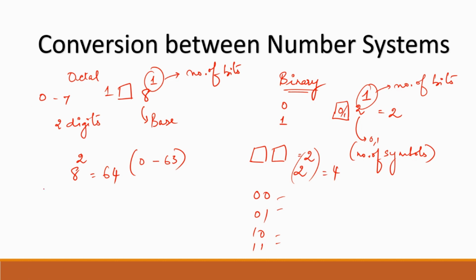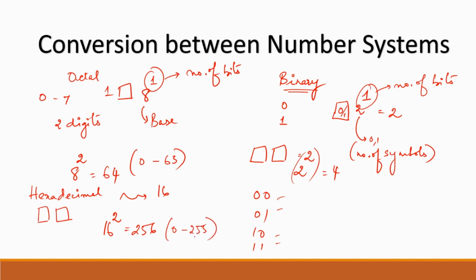Let's try this for hexadecimal. For hexadecimal, we know that the base of this number system is 16. And if I have, say, two digits, two positions that I can use to represent, then 16 to the power 2, which is 256. So I can go from 0 to 255. These are the range of numbers that I can represent using two digits in the hexadecimal system.